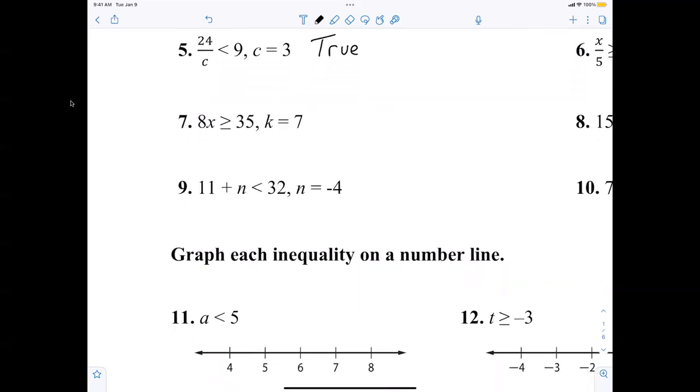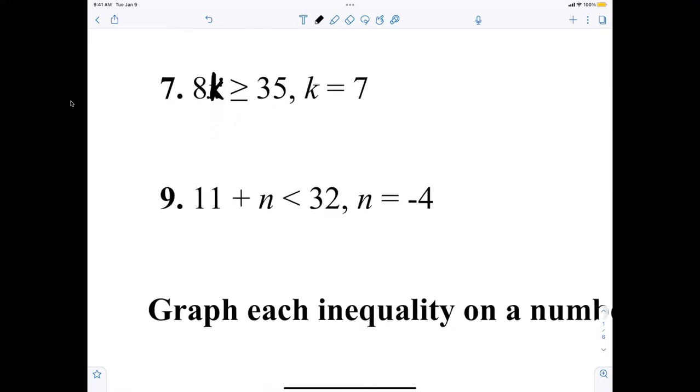Oh, that's supposed to be a K here, guys. Sorry, that's my fault, because I was typing up. That's a K. So what is K though? What does 8K mean?